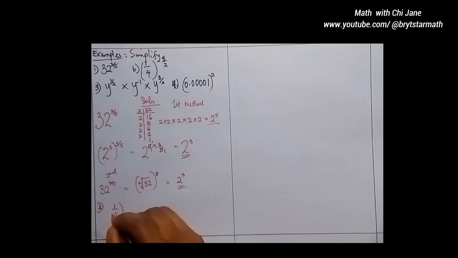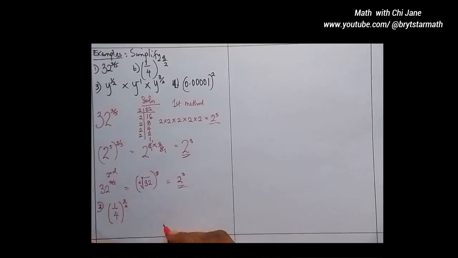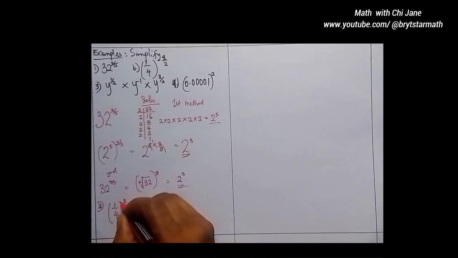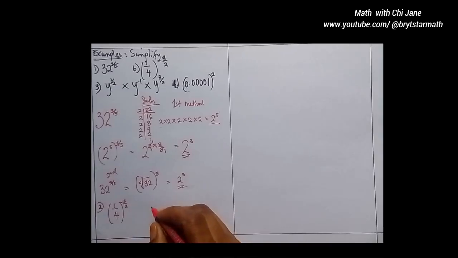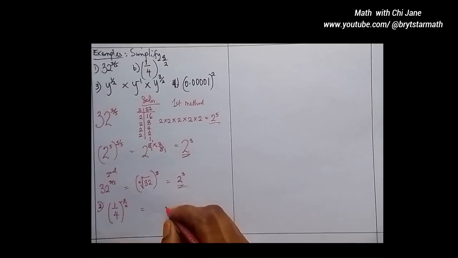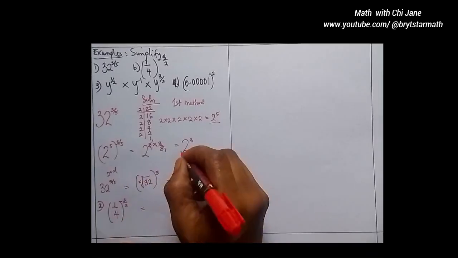the number is 1 over 4 everything raised to the power of negative 3 over 2. This is the way I'll do mine.